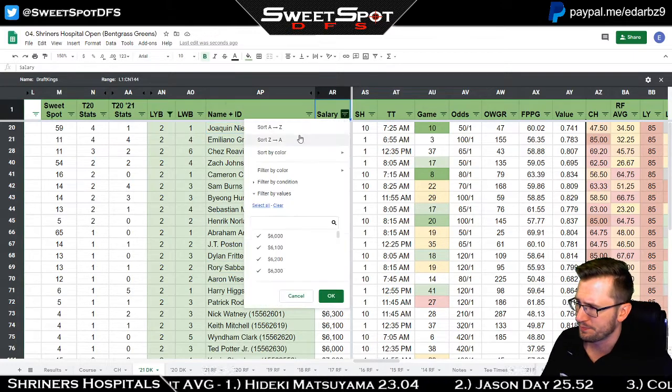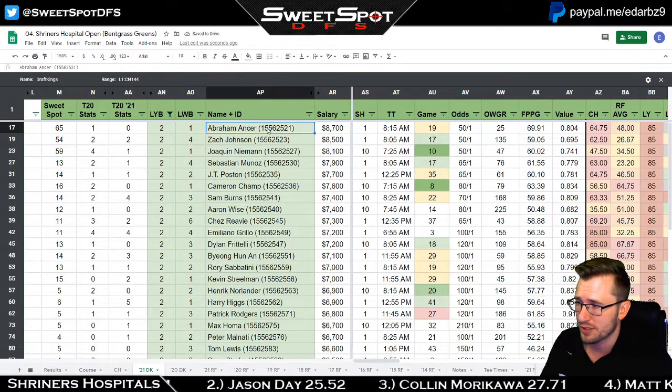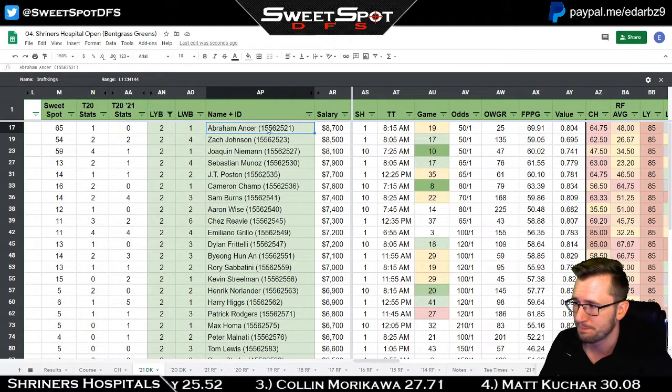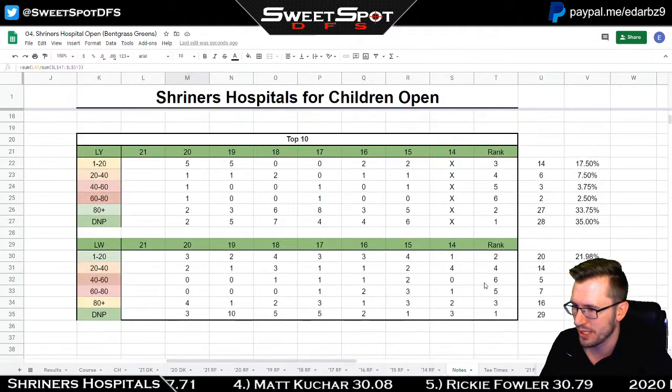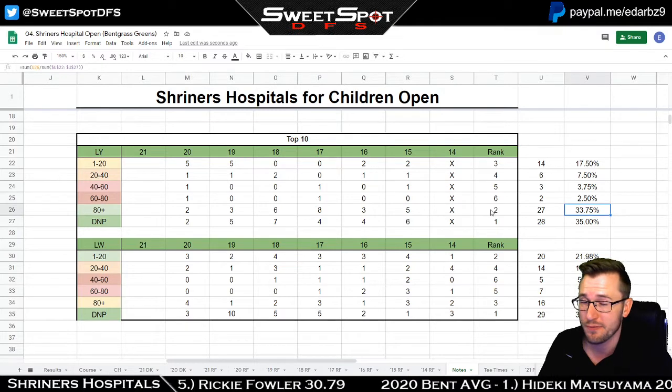Let's do this first though. Let's look at salary when it comes to last year twos. So Abraham Ancer is the top guy for our last year twos. If we were to go back to the bucket system and look at last year twos, 33.75% finishing inside the top 10.